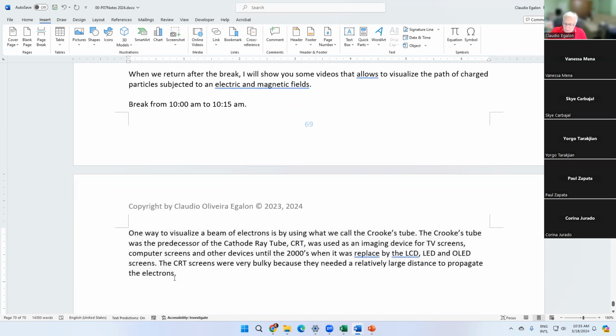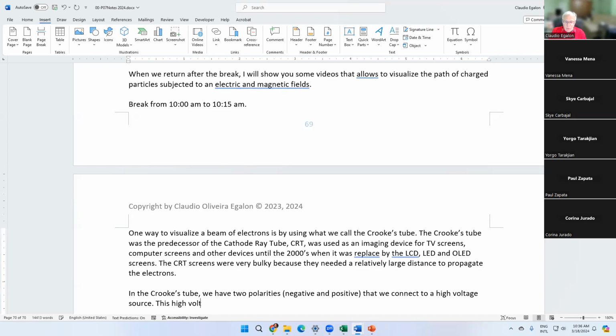In the Crookes tube, we have two polarities, right? Negative and positive, that we connect to a high voltage source.